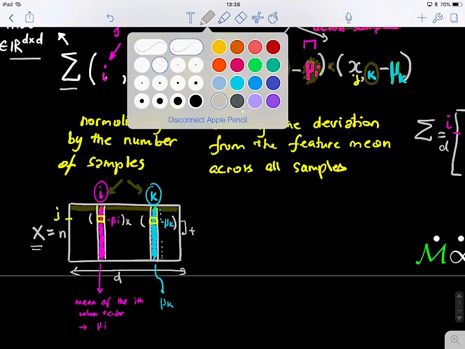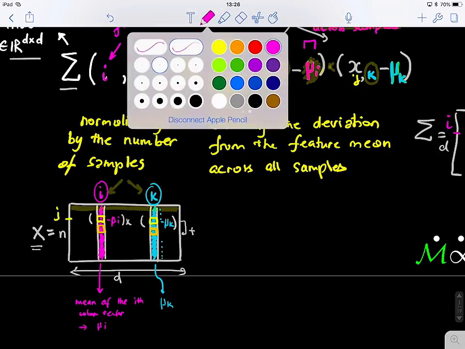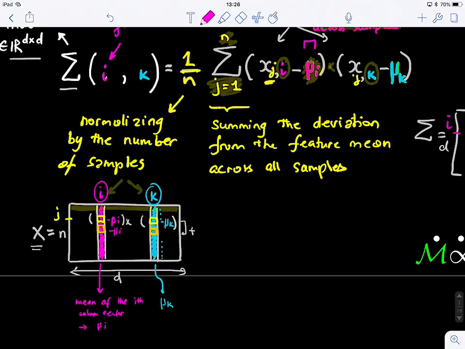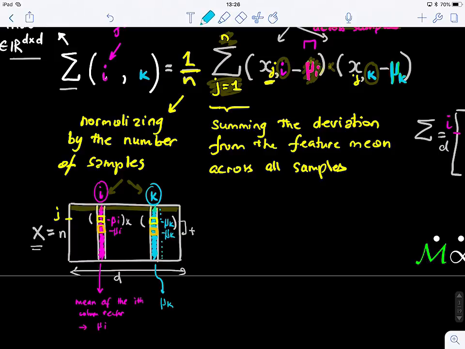So I go to the next sample and I do the same. I subtract the mean, and from the second feature, the kth feature, I subtract the mean of the kth feature. And I multiply the features of the same sample. That's what we were doing earlier, okay?